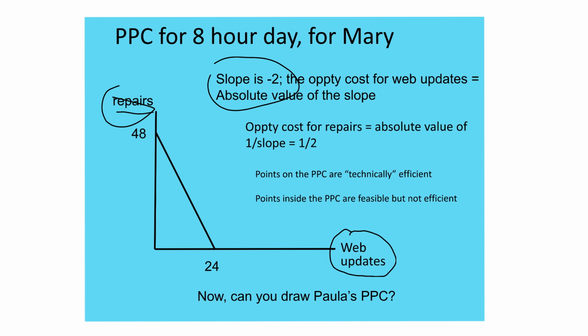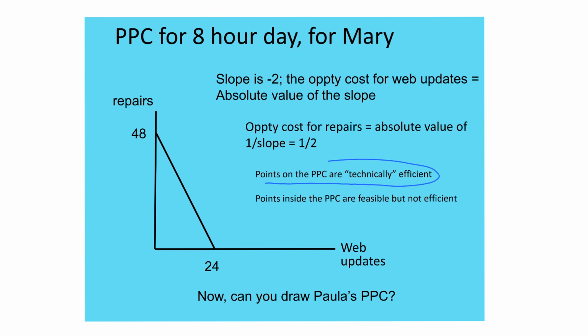Note also that the points that are technically efficient are those points that are on the PPC or PPF. The points inside the PPC can be produced, but they're not efficient.